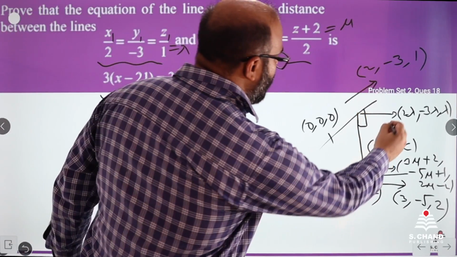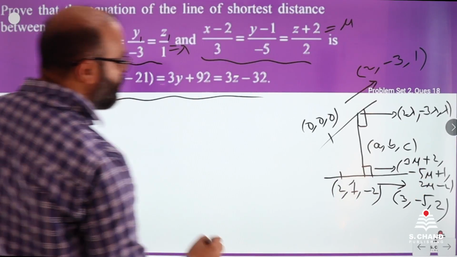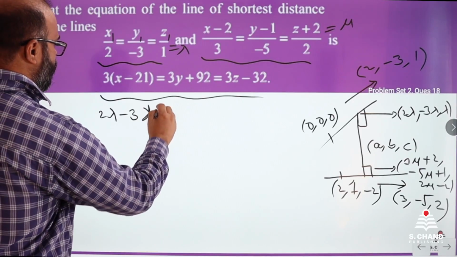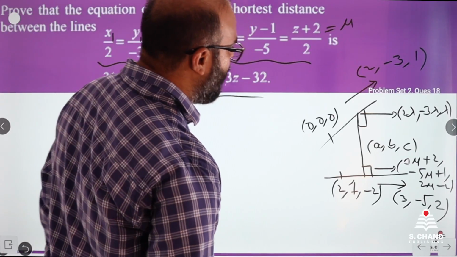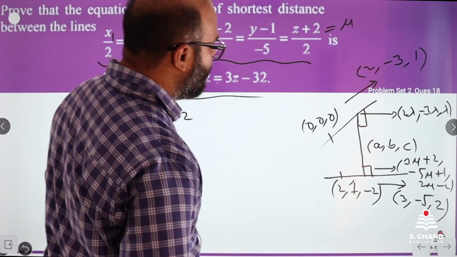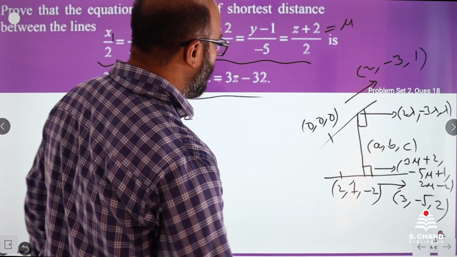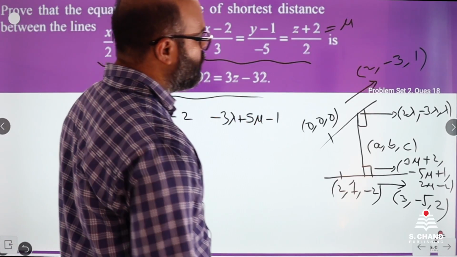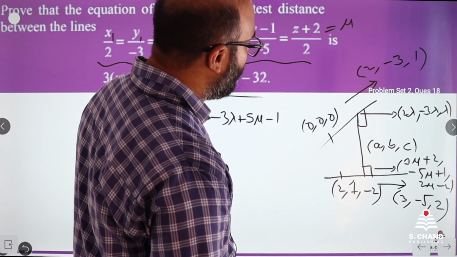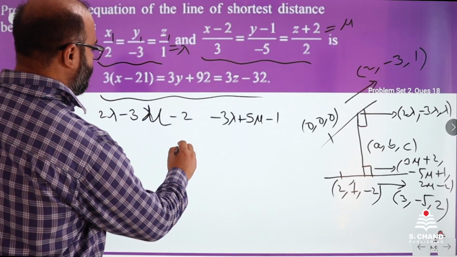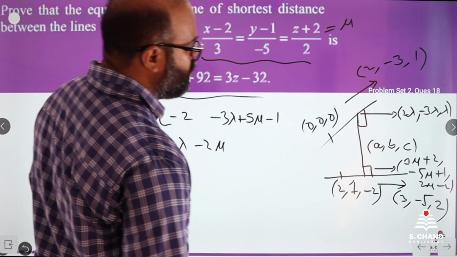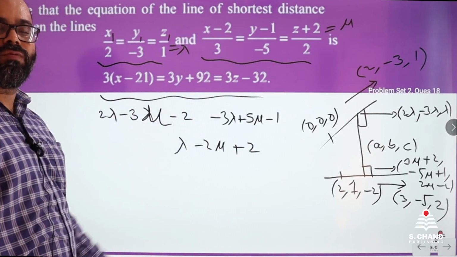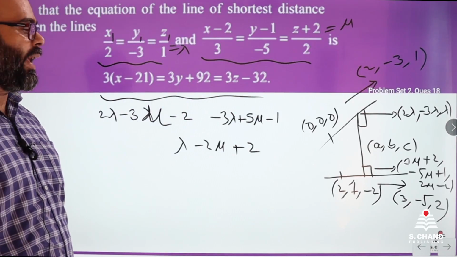ABC will be lambda minus 3 mu, so you can take 2 lambda minus 3 mu minus 2, then minus 3 lambda plus 5 mu minus 1, and then lambda minus 2 mu plus 2. So these are the direction ratios of this common perpendicular to both the lines.